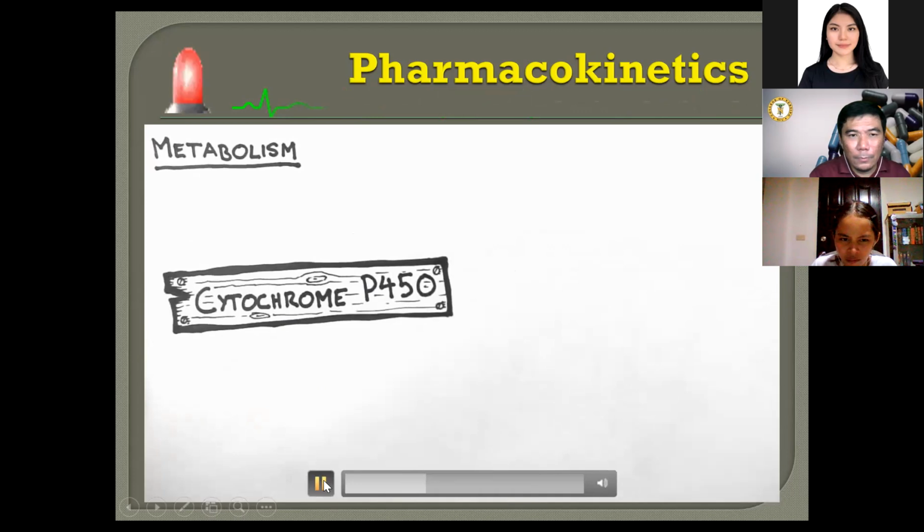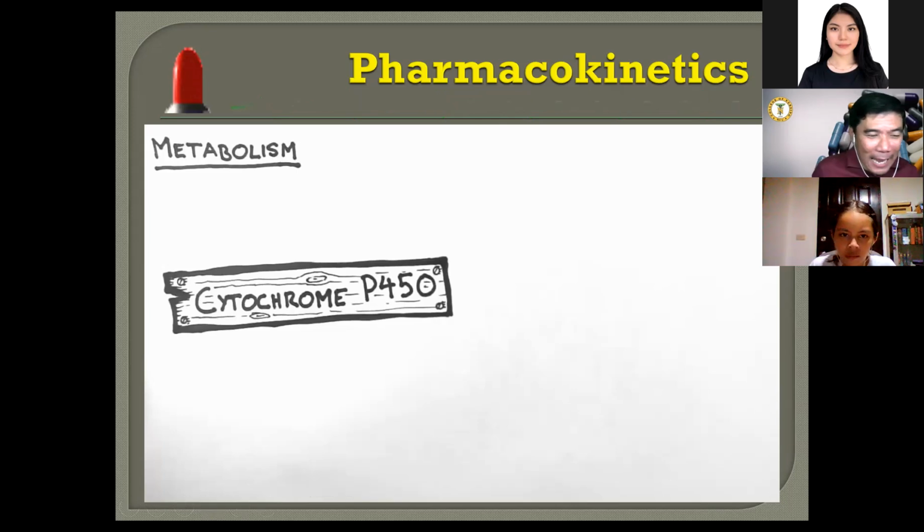CYP2E1 metabolizes alcohol. So, can you imagine, the liver has its own cytochromes. Cytochrome P450 is responsible for the metabolism of drugs.